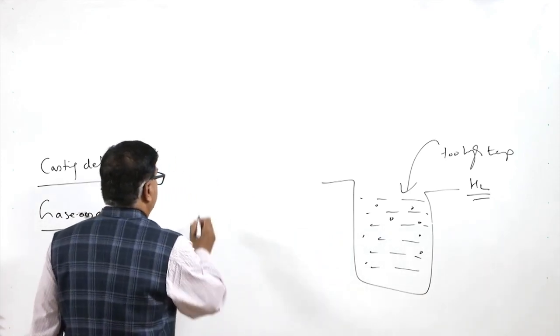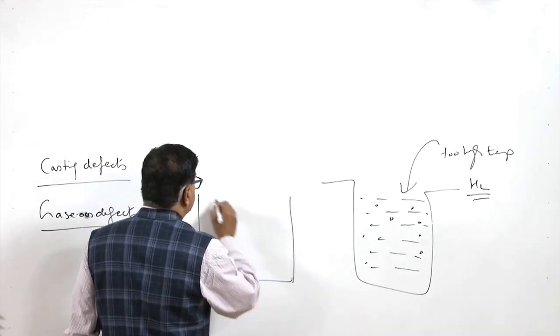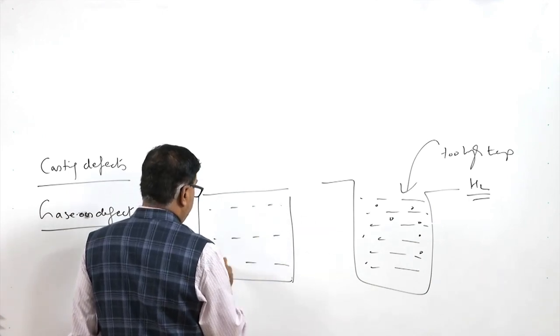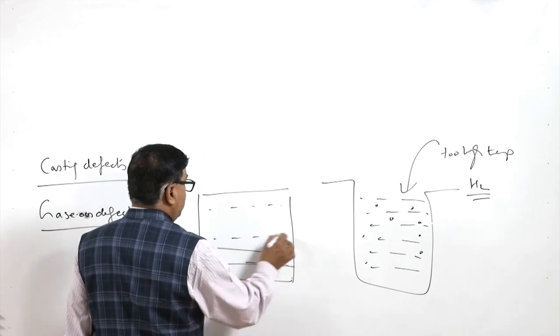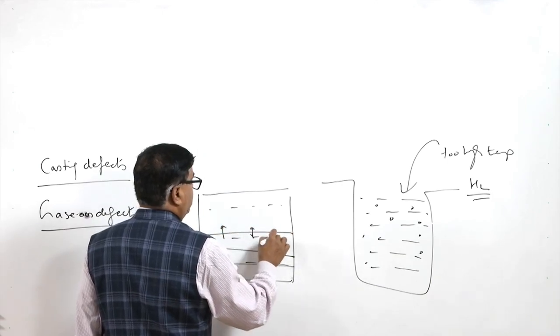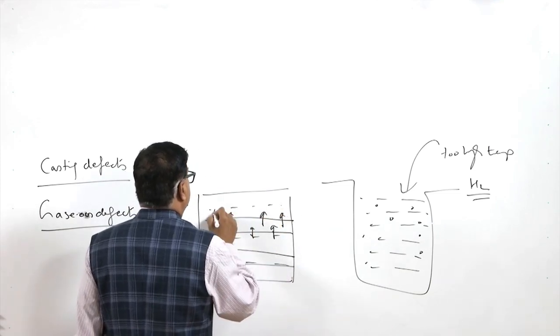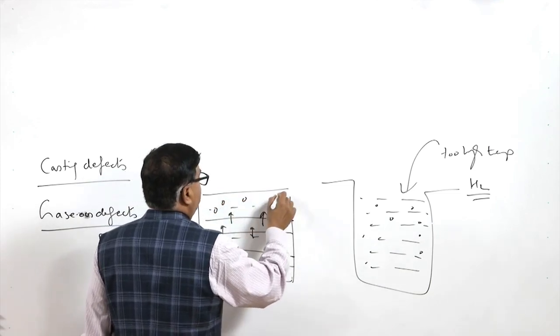Initially the hydrogen was uniformly present in the molten metal, but as the solidification progresses, the excess hydrogen is rejected into the molten metal.